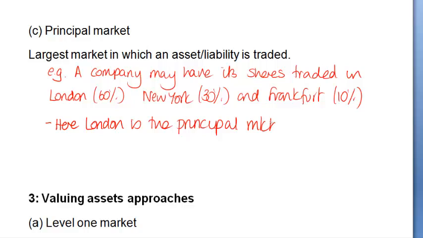It's where the greatest number of transactions are taking place. So how do we go about valuing assets at fair value? Because not all markets are equal. Under IFRS 13, we identify 3 types of market which exist.